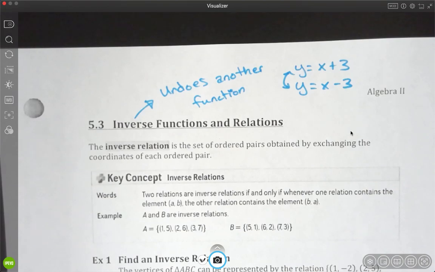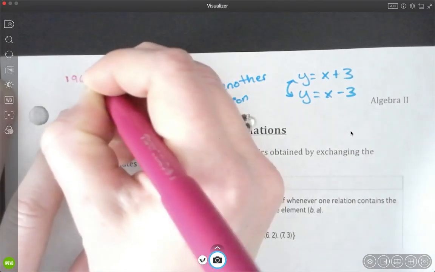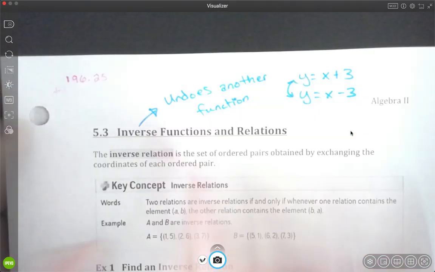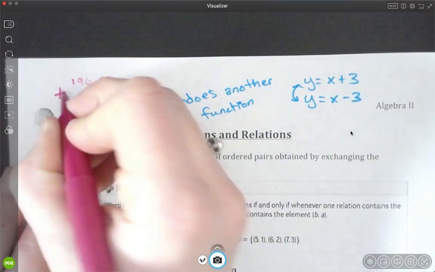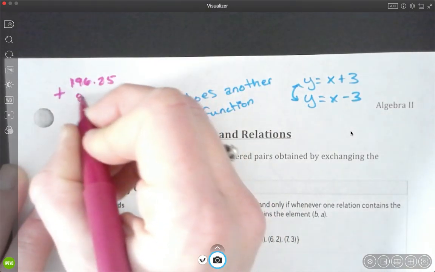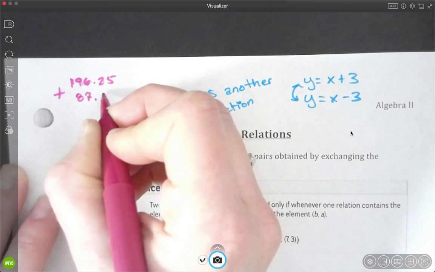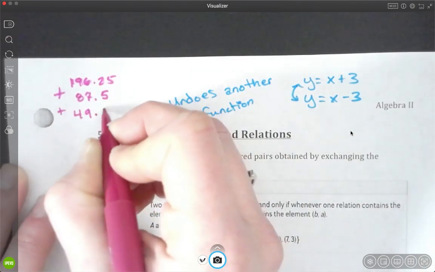So here's what happened. He was reading me off numbers, and I'm just going to throw out some numbers. Let's say 196.25, added to 247.1, add that to 87.5, and add that to 49.6.